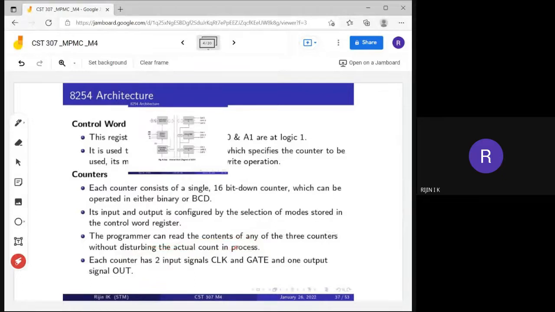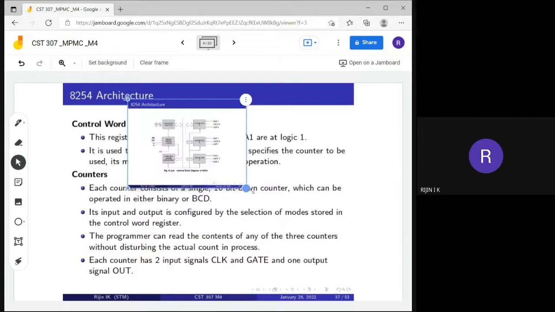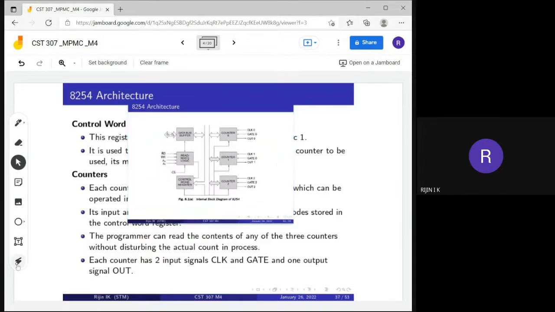Okay, because all these counters are independently operating. As we have discussed, each counter has 2 input signals, that is clock and gate, and an output signal. All these counters have the same signals: one clock, gate, and out.